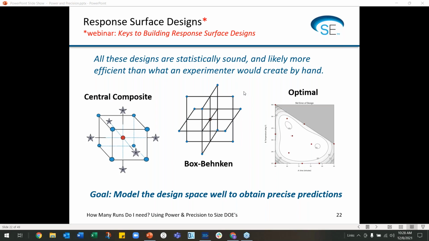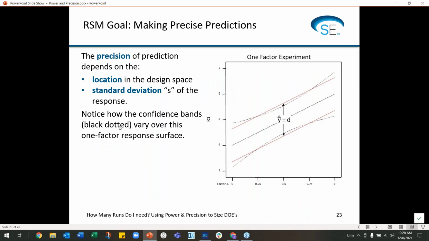So, there's a big change in what our goal and objective is. We're no longer just trying to detect effects. Power is the ability to detect an effect. Precision is how well you're going to make predictions. The precision of your predictions is going to depend on a couple of things.